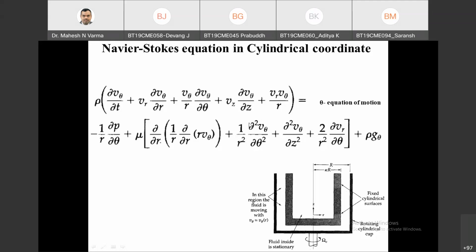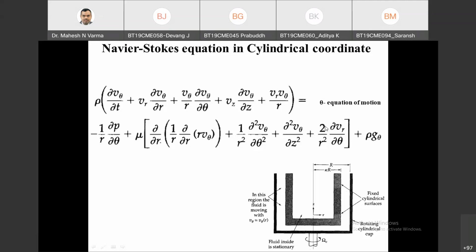Sir, it will be 0, as V theta is only varying in r direction. How about this? Sir, it will also be 0 as V theta is only varying in r direction and not in z direction. Why is V theta not a function of z direction? Sir, end effects are neglected. Very good, very good.